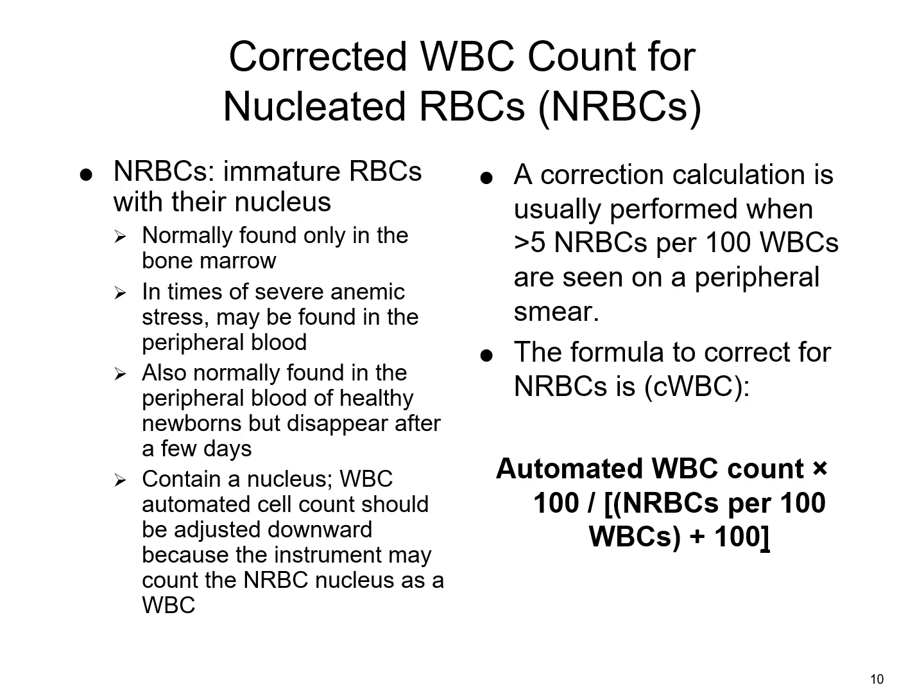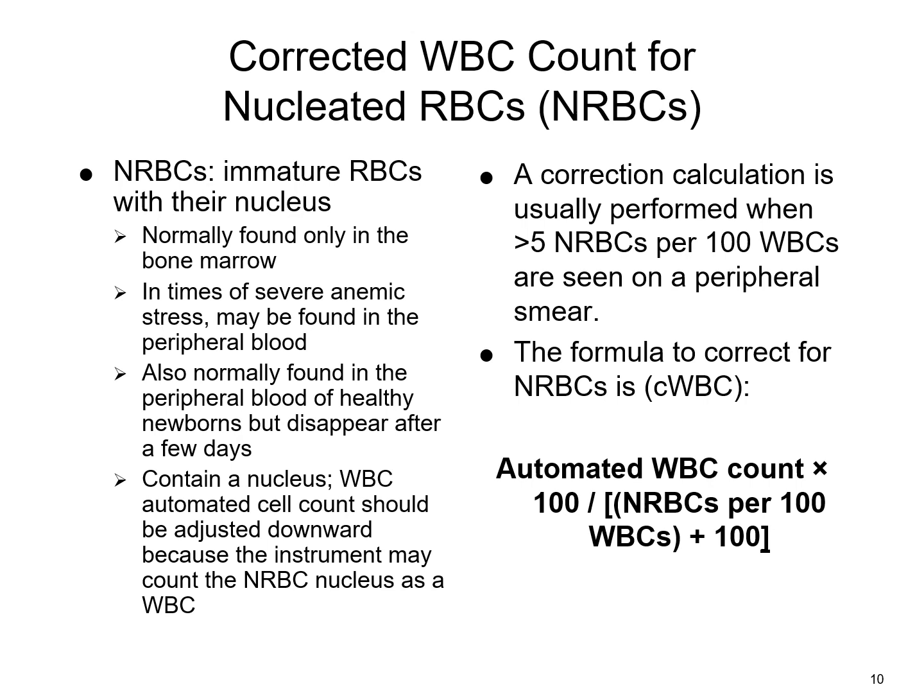So in order to get a corrected count, if your nucleated red blood cell count is greater than 5 per 100 white blood cells, so when you're looking at it on a peripheral blood smear, then you need to do this calculation. To do that, you will take your automated count times 100, and you will divide that by the number of nucleated red blood cells that you count plus 100.